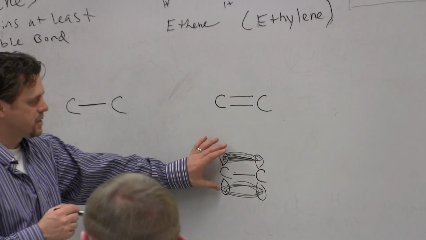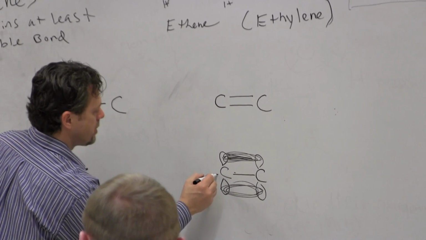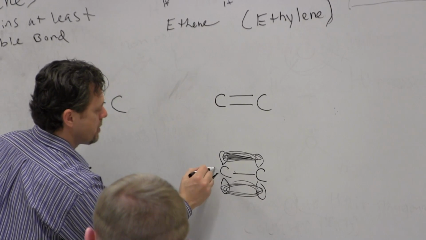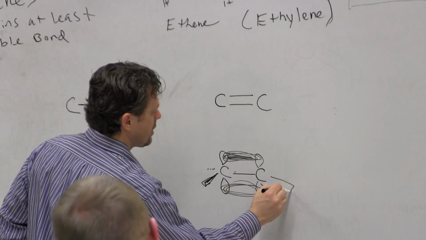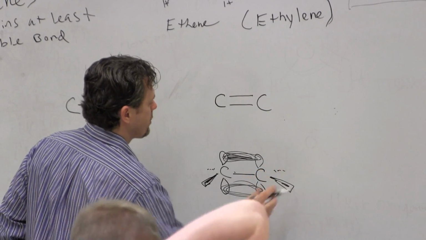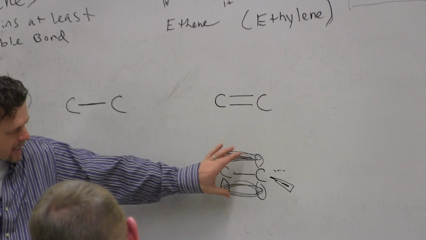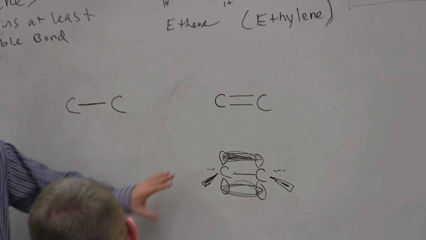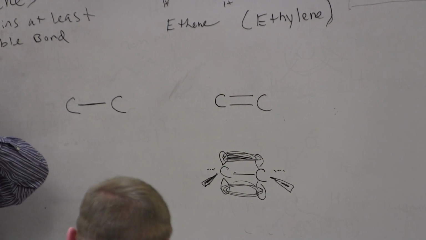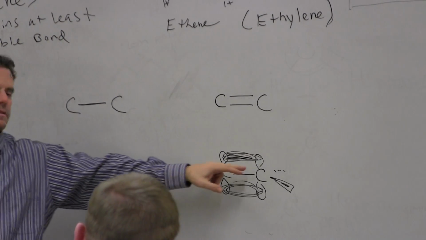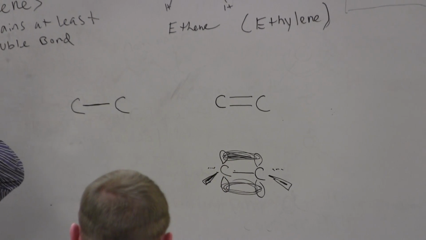Then you'd have your substituents coming out of the board, one going back, out of the board, one going back. Because of the way this second bond works, it's called a pi bond, you don't get free rotation around that axis anymore. They're locked into place.